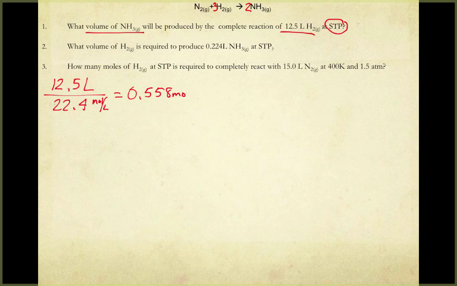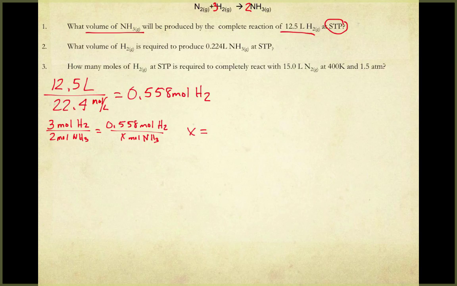This gives me 0.558 moles of H2. Now, using my balanced equation, I set up a mole ratio. I know from the equation that 3 moles of H2 will produce 2 moles of NH3. So 0.558 moles of H2 will produce X moles of NH3.